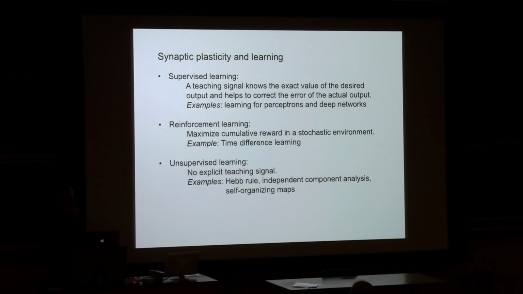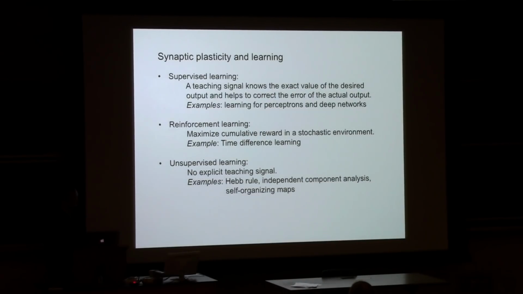Sometimes you get something good, and you're not really sure what you did in the past actually led to that reward, right? It's hard to assign the credit. So I'm giving a very brief example, temporal-difference learning, and all these examples have application not only in, say, machine learning, but also in the neural system as well.